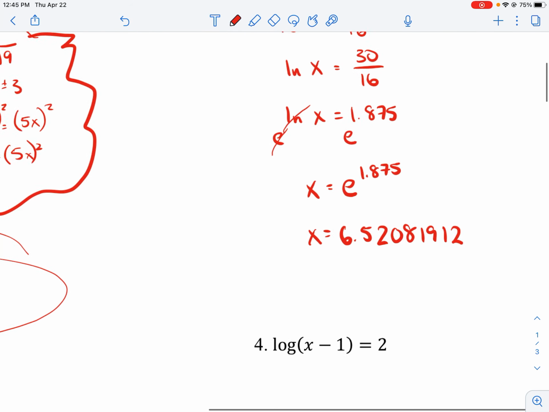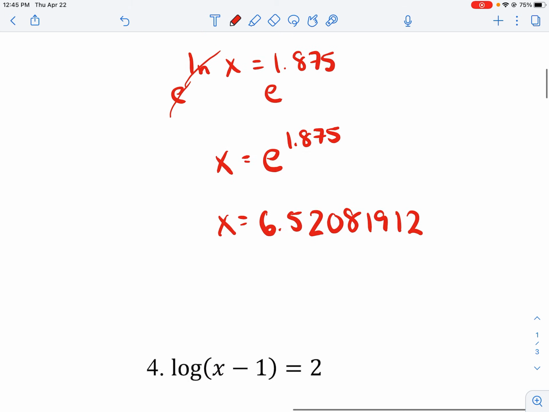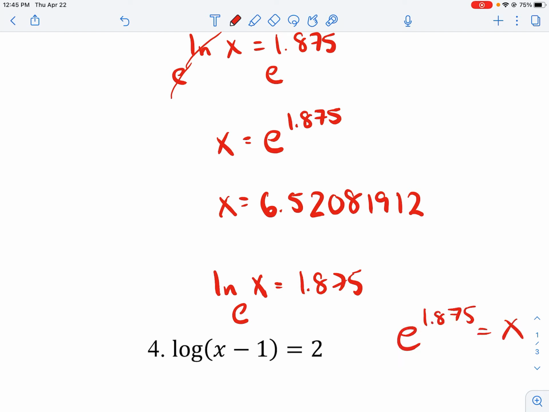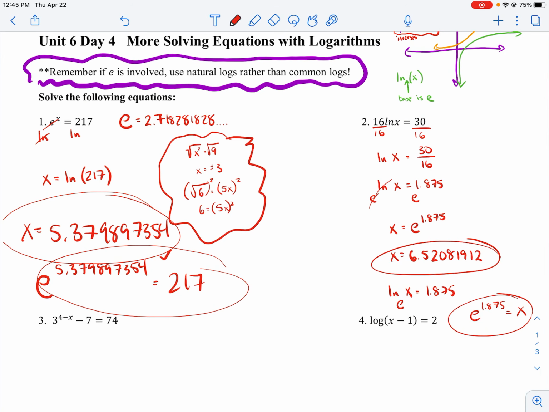And again, what we just found there, if we go back up to what we had here, natural log of x is equal to 1.875, we found that e raised to this power is equal to that value of x. And in this case, our value of x is that guy right there.